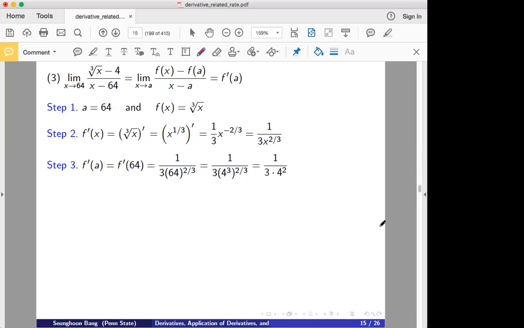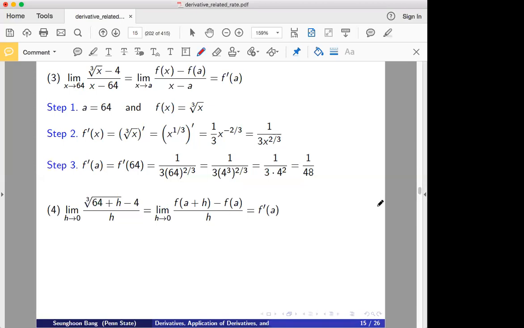It's good? So like this. Second one, you can compare with the limit of f of a plus h minus f of a over h. Similar. What is a? The 64 inside. 4 is the same as the cube root of 64, so this 64 is exactly a.